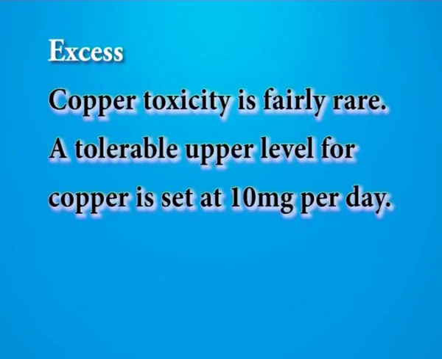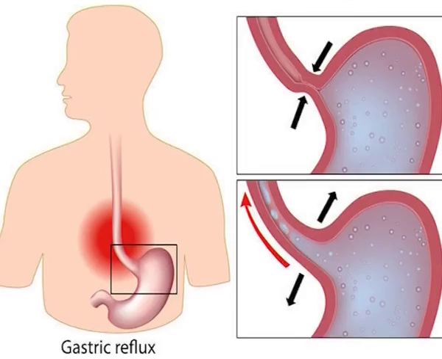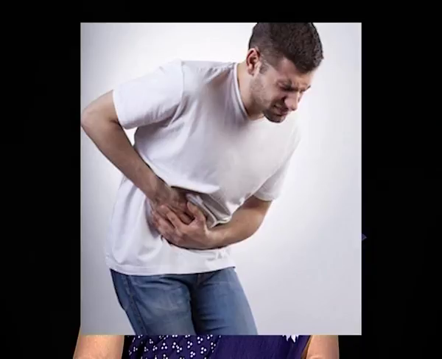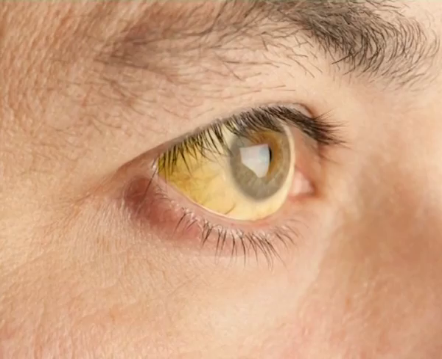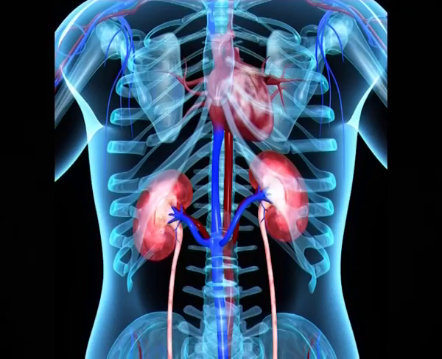A tolerable upper level for copper is set at 10 mg per day. Copper intake of 4 to 6 mg has resulted in epigastric pain, nausea, vomiting and diarrhea. Other symptoms of toxicity include hematuria, liver damage resulting in jaundice and kidney damage resulting in oliguria or anuria.